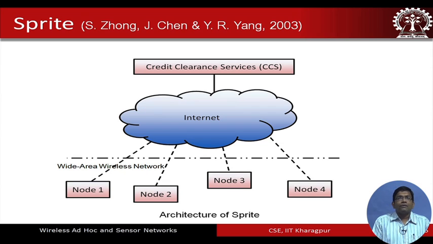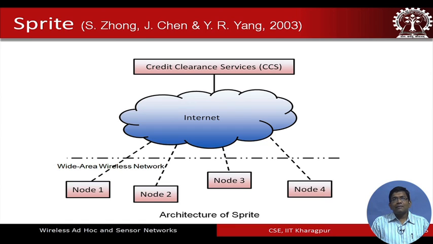So, as we can see in this figure, a scenario where there is a set of nodes in a wireless network, let us say a MANET, and these nodes connect in this particular model. In the Sprite model, this particular architecture is adopted.